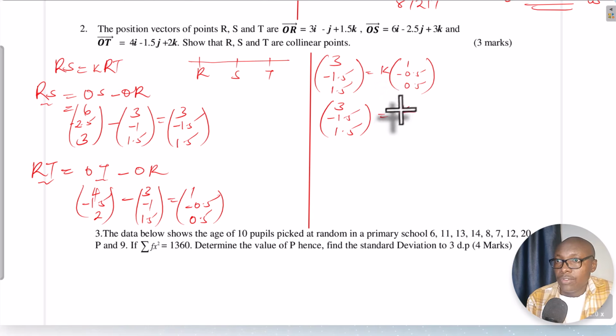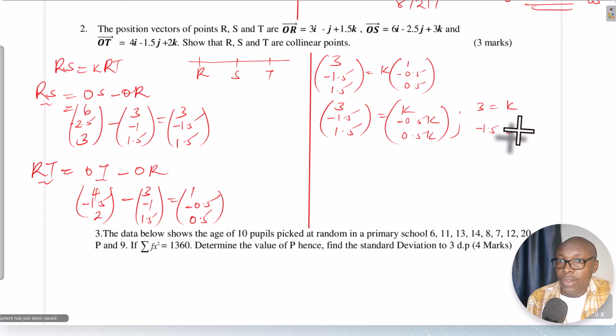This will give k, negative 0.5k, and 0.5k. Since k is a constant value, if I take the first row, 3 is equal to k, and I should get the same for all the others. Negative 1.5 is equal to negative 0.5k.